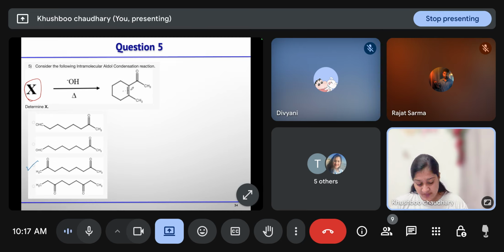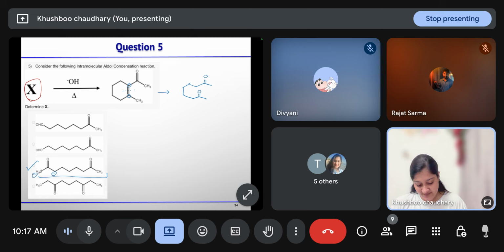So we have to break this alpha beta unsaturated ketone bond, and on one side you have CH2 and on the other side you have ketone. If you have confusion in this one, try to write the product for every reaction and then you will get it. So in this case, an anion can generate here or an anion can generate here.